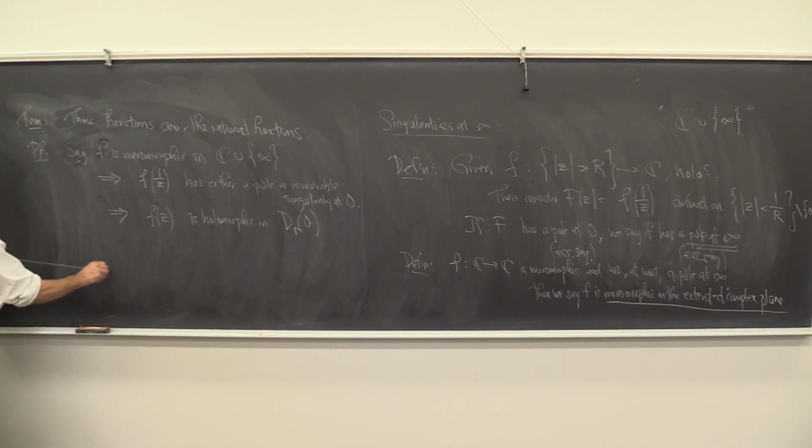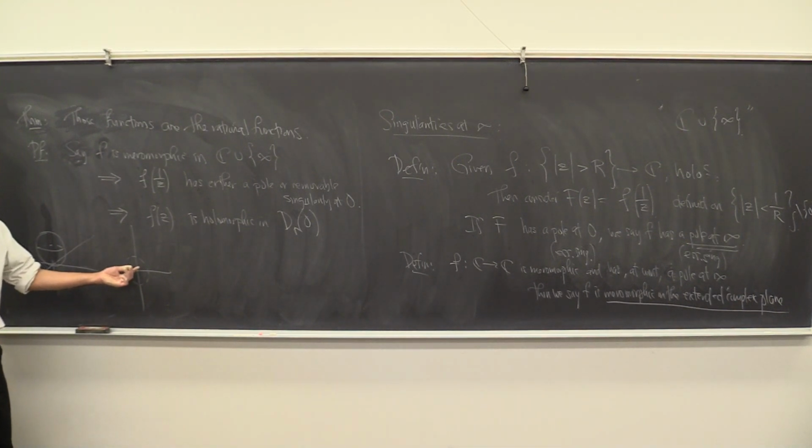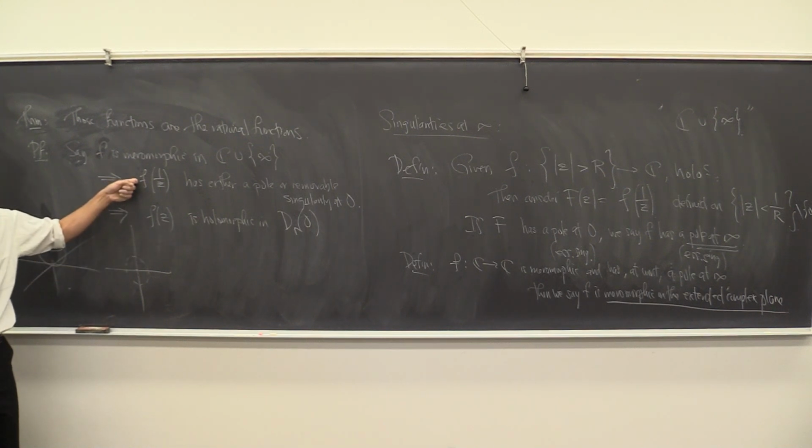So you have your function has a pole or removable singularity at 0, right? So that tells you there's a punctured neighborhood around here where you're holomorphic, or it might well be the full neighborhood in which this function is holomorphic.